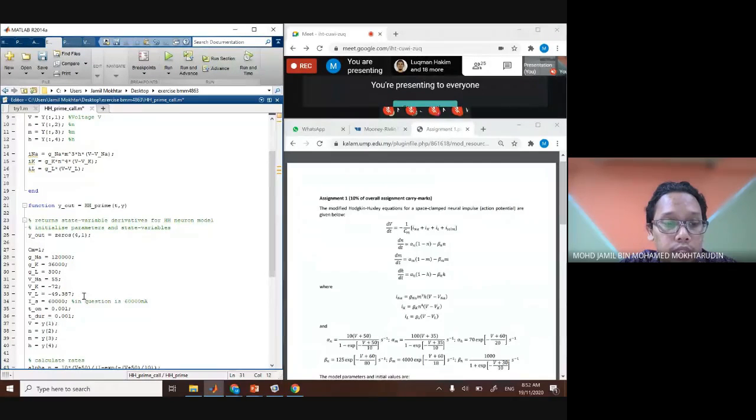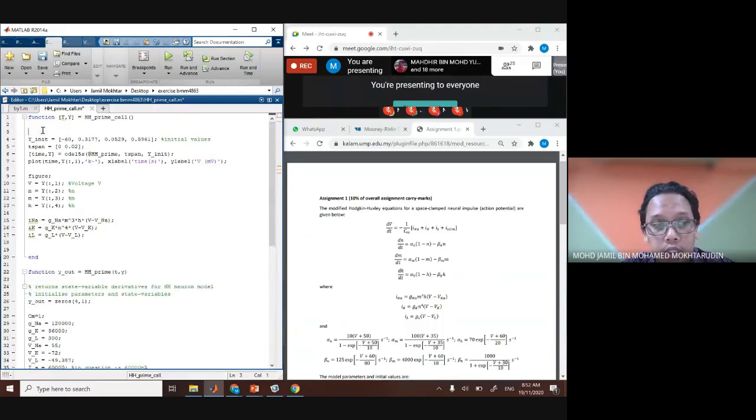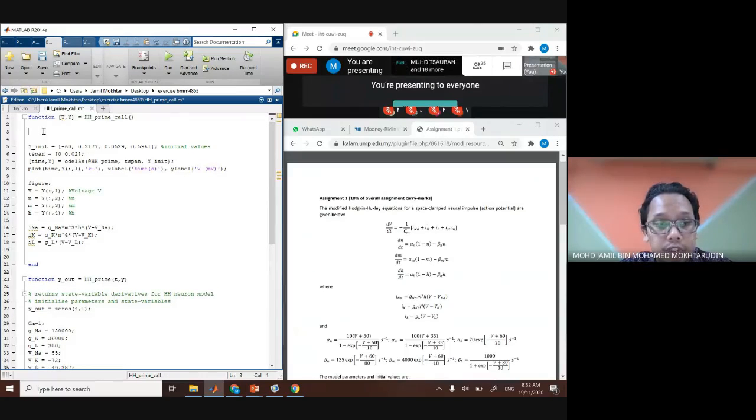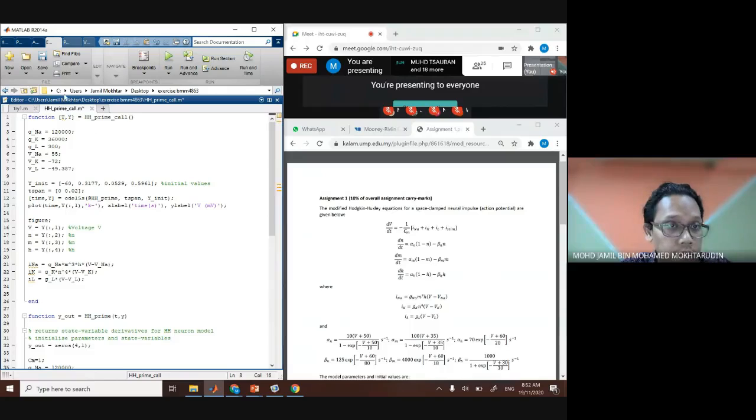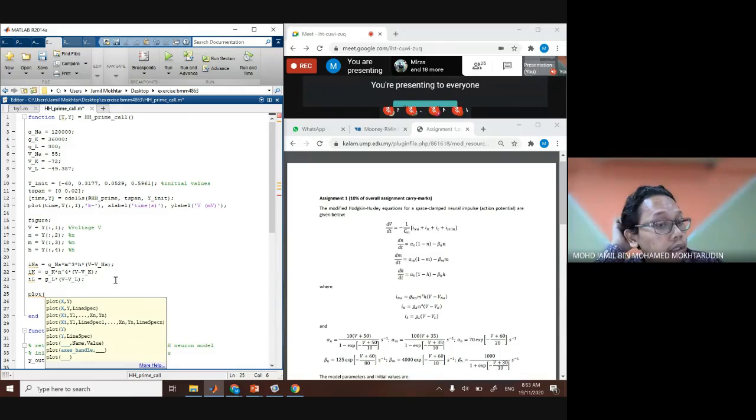So what you need to do is you copy the parameters and just put it on the first function. And after that, you can plot the current.